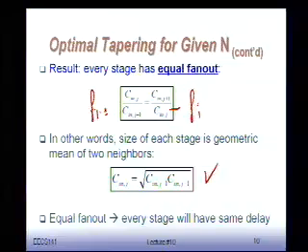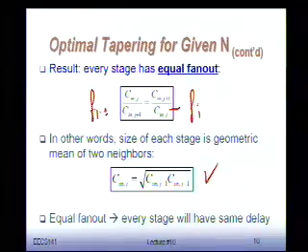So that's beautiful. Because remember now, and actually it's a logical answer, right? Think about it. If I have a bunch of gates in a row, and I want to minimize the overall delay of that whole structure, what do you think is going to be the optimal solution? Do you think it's going to be better to have one stage carry most of the propagation delay and the other ones taking less?